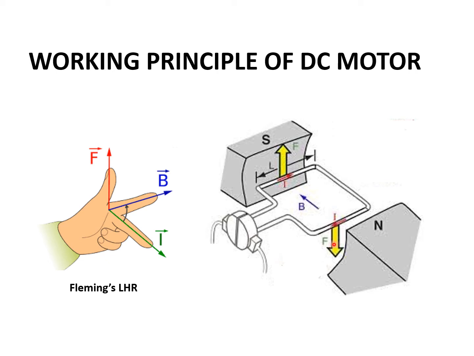In this way, due to the current and flux, a thrust appears on the conductor, and due to this force the conductor will start moving in the clockwise direction.